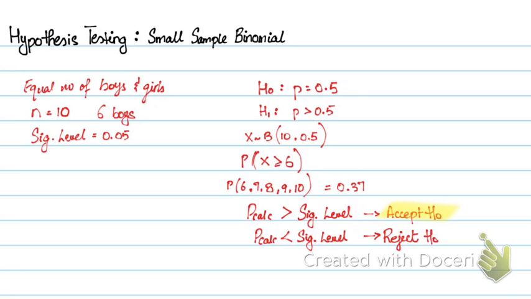The other way is to find a critical region. Sorry, let me just fix this. So we said that X follows a binomial with n 10 and p 0.5.